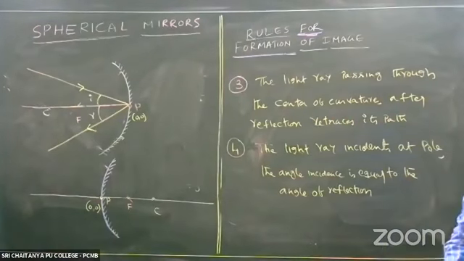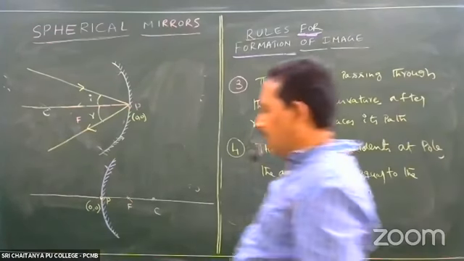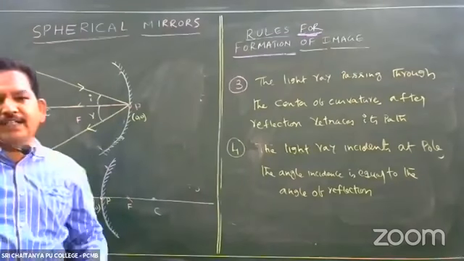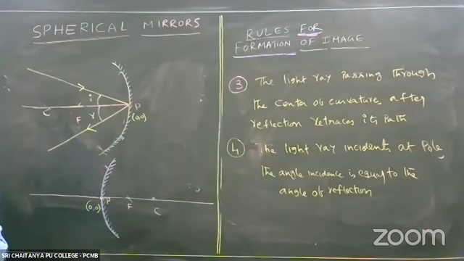These are the four rules which we use in order to form the image of an object which is placed in front of the spherical mirrors, either concave or convex. We shall have a small doubt. Sir, shall we use all the four rules to form the image, four light rays?